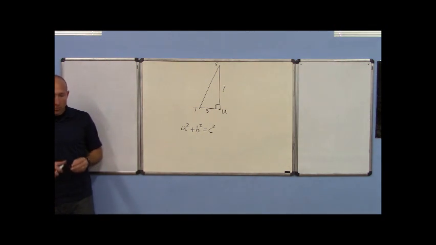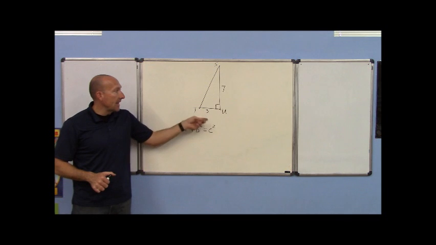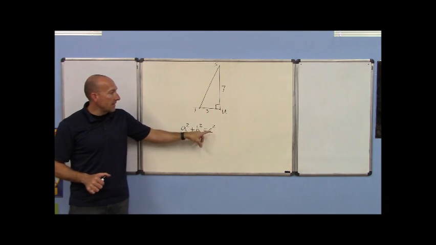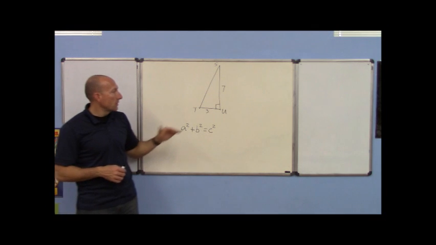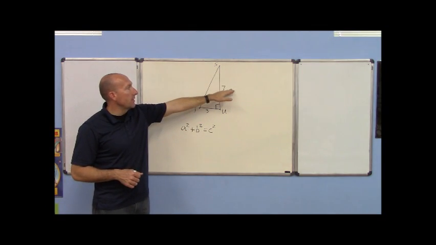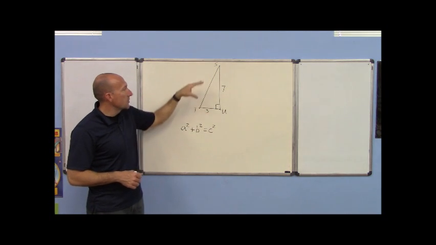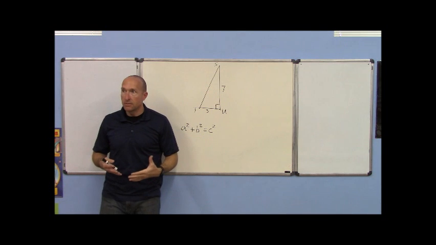Now, it really does not matter which sides a and b are, as long as c is the hypotenuse. So basically, you're squaring one side, adding it to the square of the other side, and that will equal the square of the hypotenuse in a right triangle.